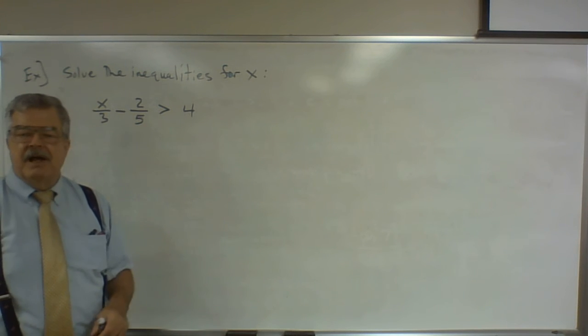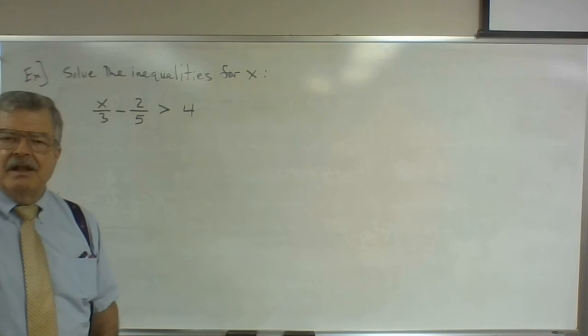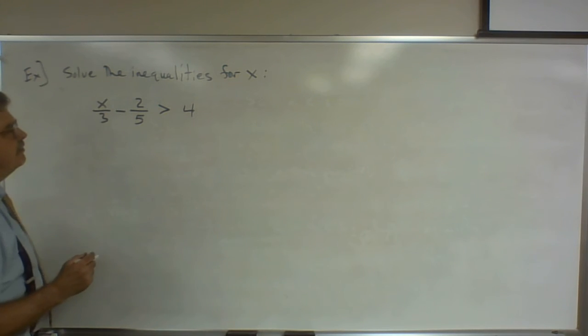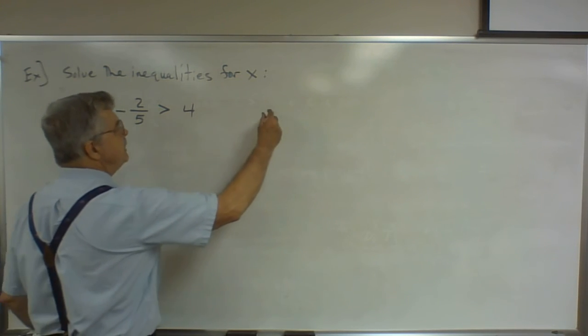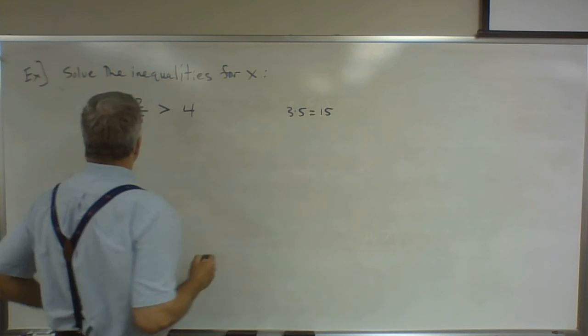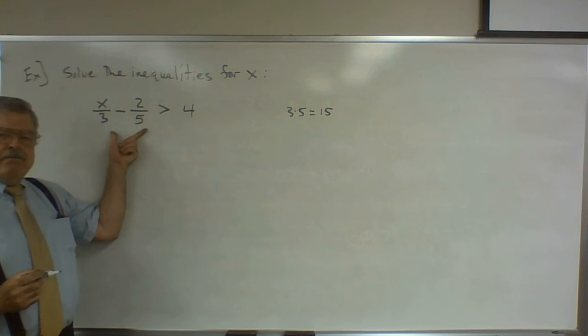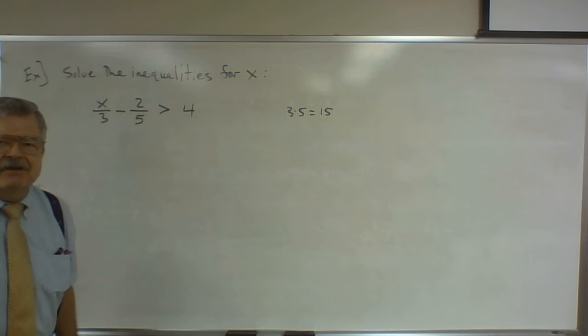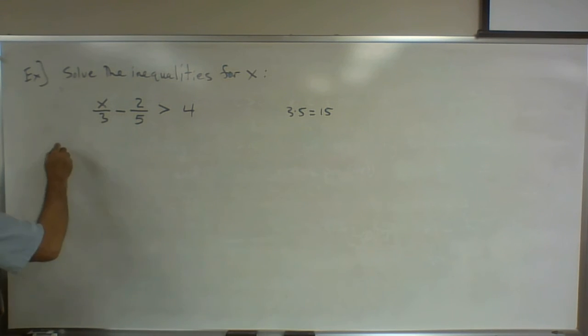So if I multiply both sides of the inequality by 3 and 5, let's see, 3 times 5 is 15. If I multiply both sides of this inequality by 15, I'll get rid of all the fractions and everybody will be happy.